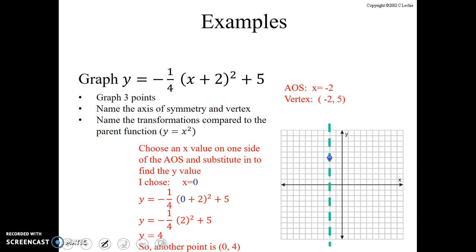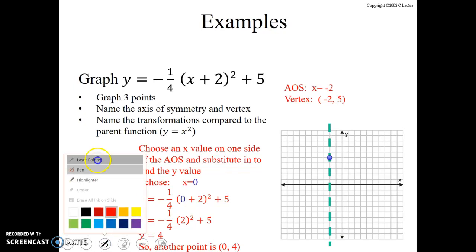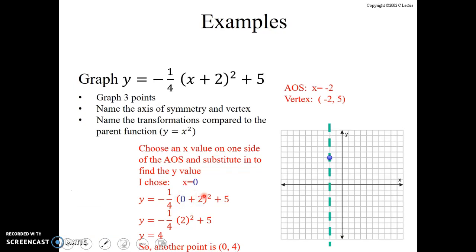So when I plug in 0 for x, I get y equals -1/4 times (0 plus 2) quantity squared, and then plus 5. After I simplify it, I will get y equals -1/4 times 0 plus 2 is 2, and 2 squared, and then plus 5. And so that's going to come out to be y equals 4. So another point on this graph is (0, 4).